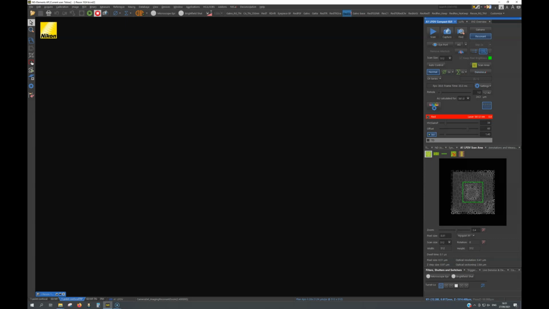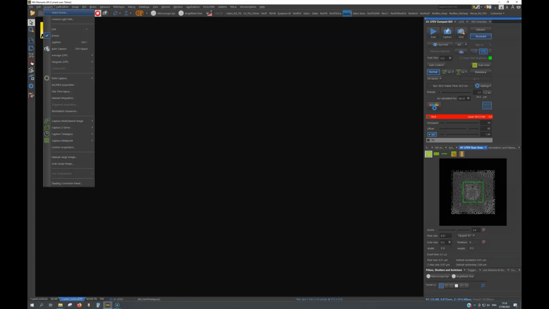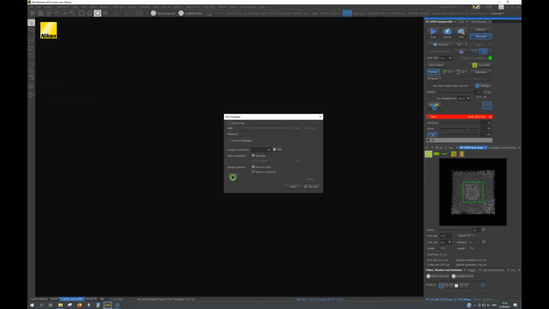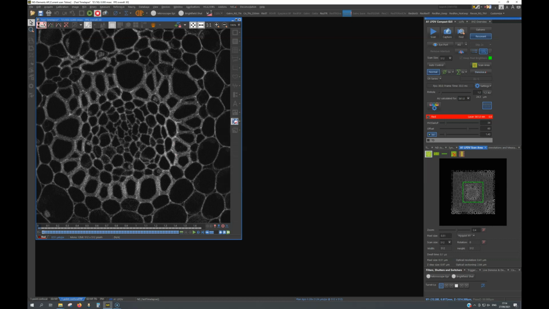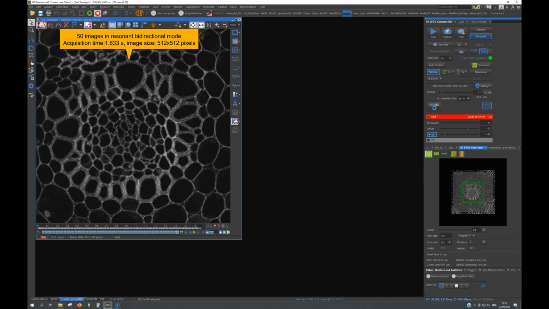Let's start the time-lapse. The total acquisition time was 1.6 seconds for 50 images using a scan size of 512 pixels.